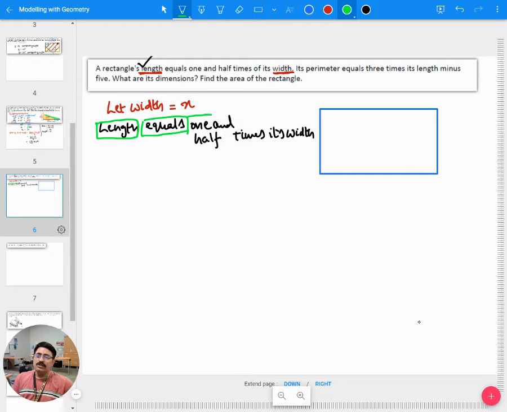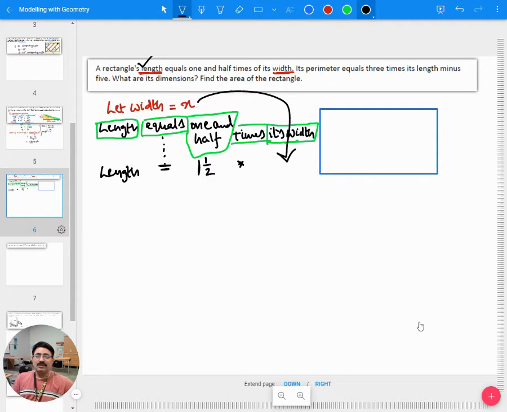Length equals 1.5 times its width. Length, equals means the equal-to symbol, 1.5 times width. You know width we thought of as x, right? So 1.5 times width.